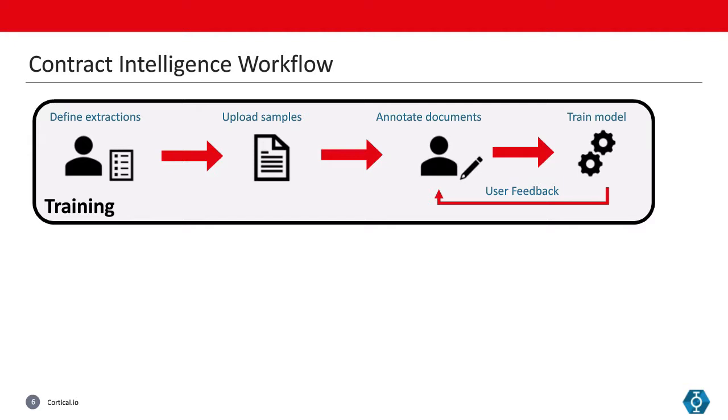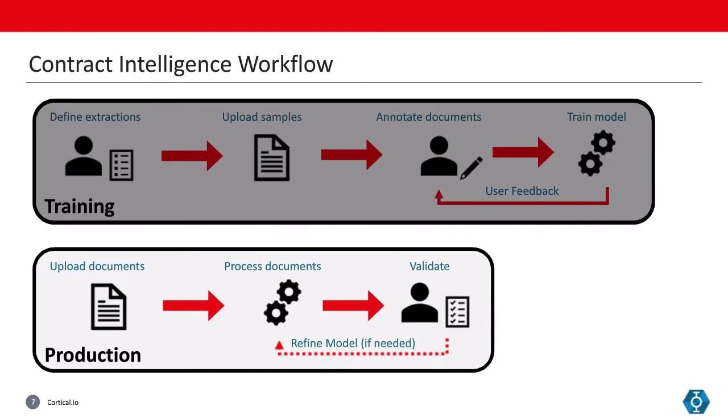Once in production, the documents are loaded into the system, and with a simple push of a button, the system processes the documents, automatically extracting terms and classifying clauses, along with providing confidence levels for each extraction. The subject matter expert quickly reviews the extractions and fine-tunes the system if necessary.